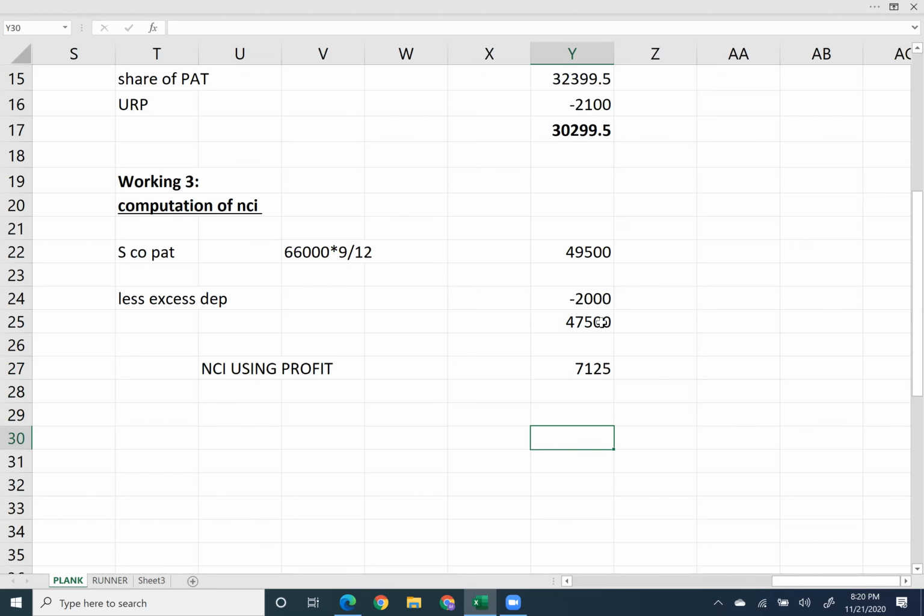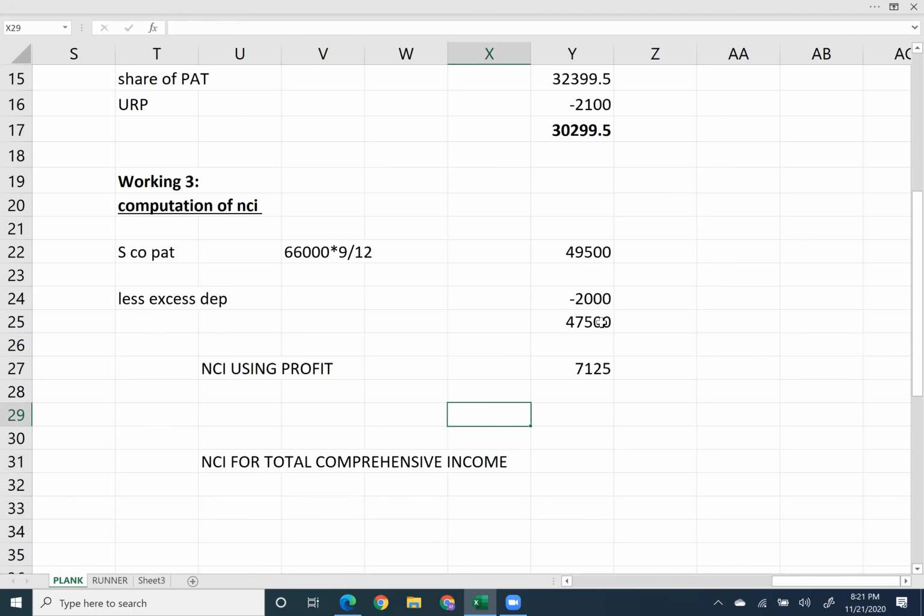Now, hope you have done something in F7. Now NCI for total comprehensive income. This is one more thing. In your exam kit, you might have done questions like this already. Now this is NCI for profit.